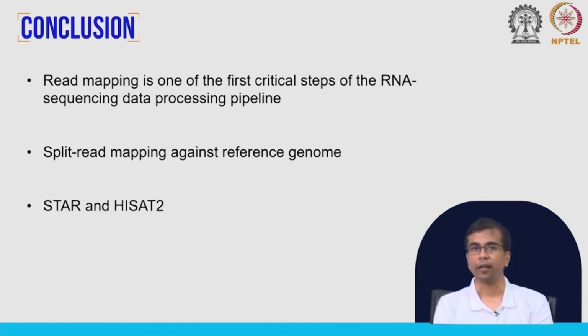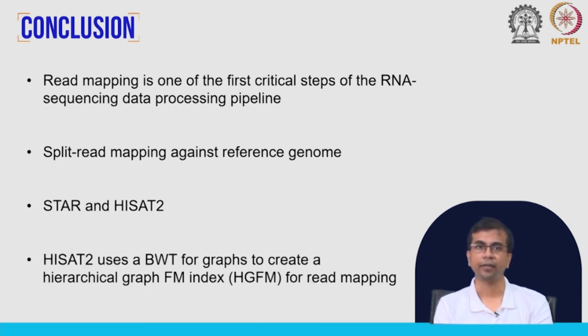We talked about STAR and HiSet2 in a bit more detail, and we have seen that HiSet2 uses a BWT for graphs, the Burrows-Wheeler transform for graphs, and it creates a very similar HGFM index for read mapping. It utilizes this HGFM index to search for splice variants and the reads in the reference genome data.